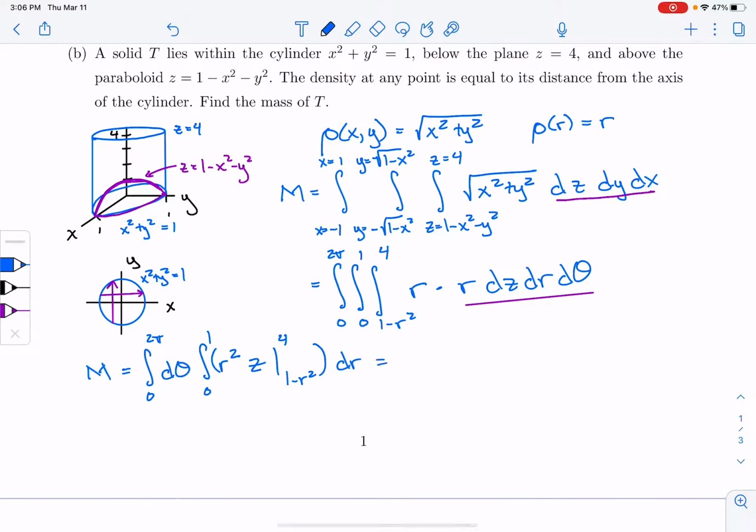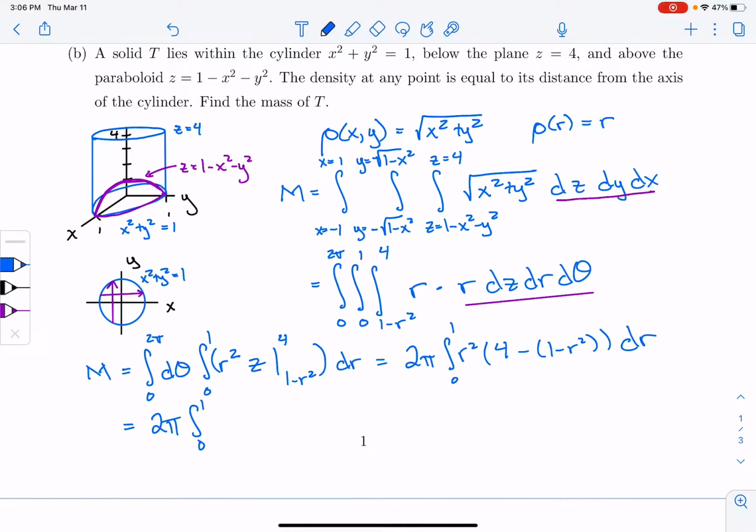The theta integral is the integral from 0 to 2 pi of d theta, so that's just going to be 2 pi. I'm still left with the integral from 0 to 1 of r squared times, and then z evaluated at 4 is going to be 4, minus 1 minus r squared. I'm going to integrate that whole thing dr. So this becomes 2 pi times the integral from 0 to 1.